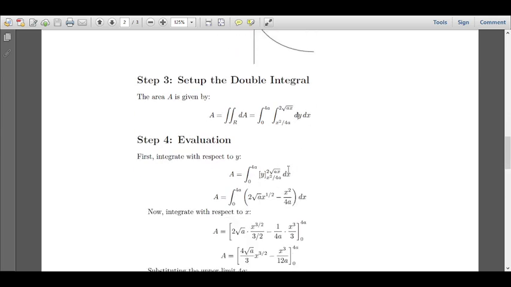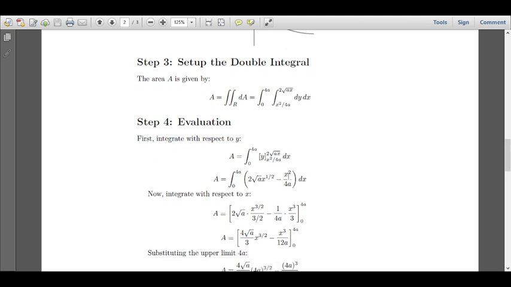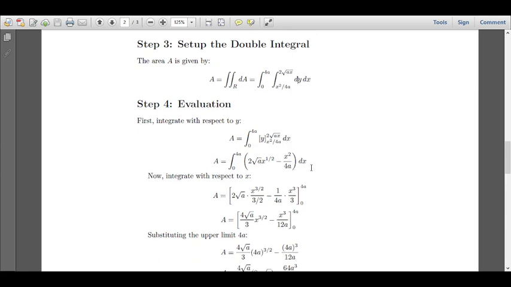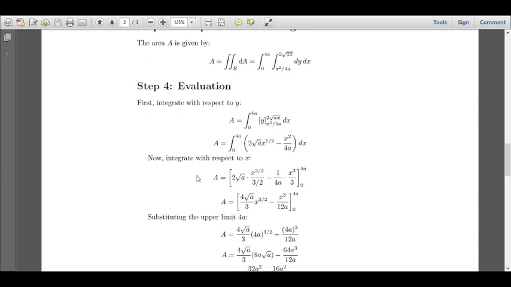Plug in these limits. Now how to evaluate this? Integrating with respect to y, integral dy is y, substituting the upper limit 2 root a into x power 1 by 2 minus the lower limit x square by 4a, dx. Now integrate with respect to x: 2 root a times the integration of x power 1 by 2 dx.